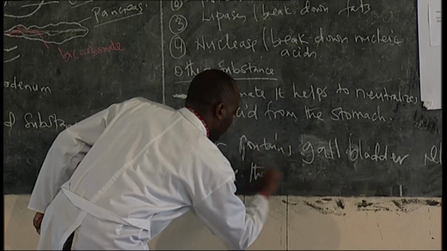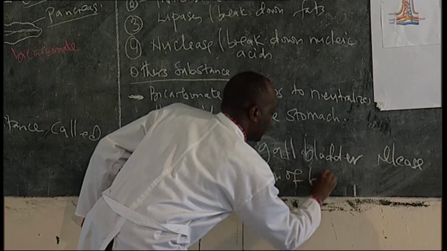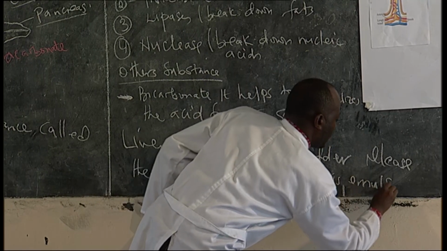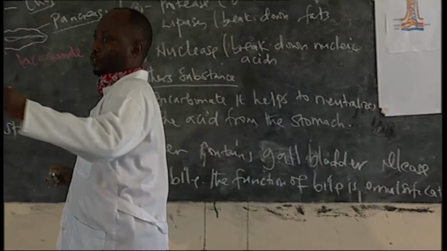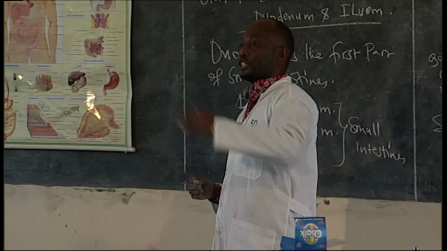The function of bile is emulsification. If I say emulsification, it means breaking down large droplets of fats into small droplets of fats so that they can be dissolved in water.